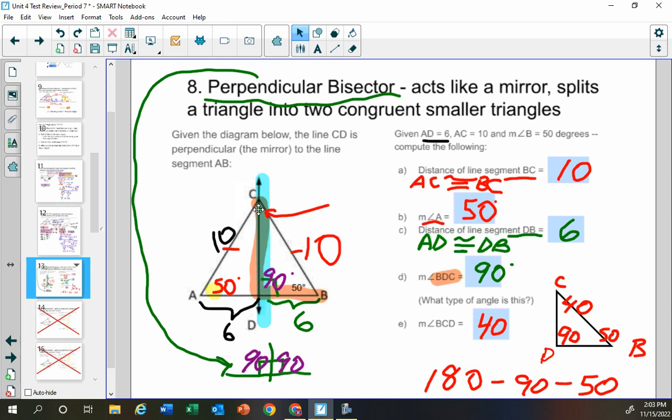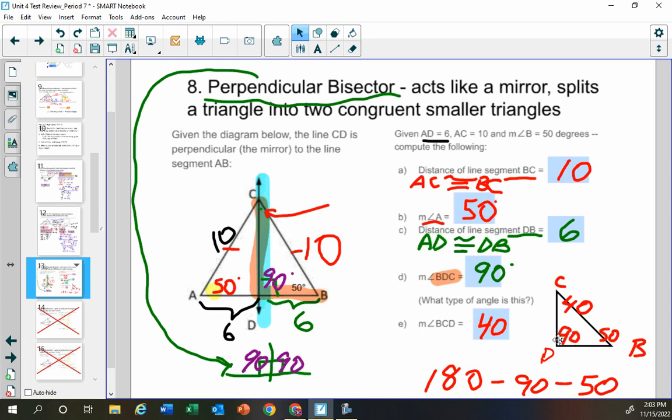This angle right here, when those two lines are perpendicular, that's a 90-degree angle. That's always, always, always. So when you get to the test, I would automatically put 90 degrees at that intersection, where the lines meet, right there. Because that will help you.